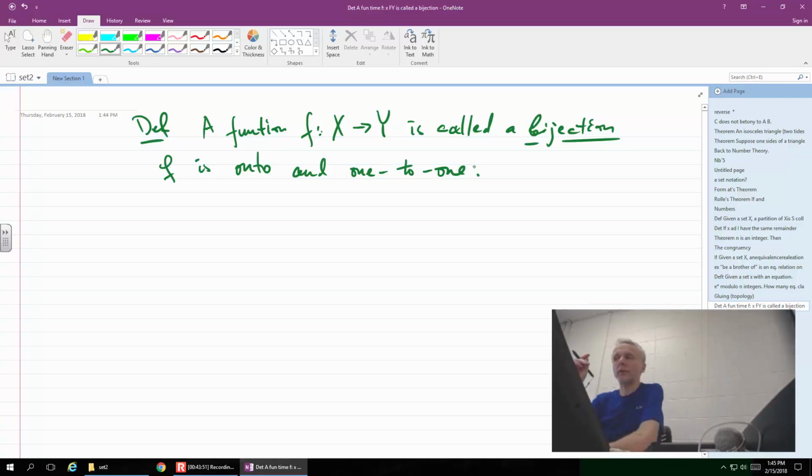So you don't only have to use the word bijection. It's a luxury, frankly. If you just understand what one-to-one and onto mean, then you're fine. So what do they mean, one-to-one and onto?